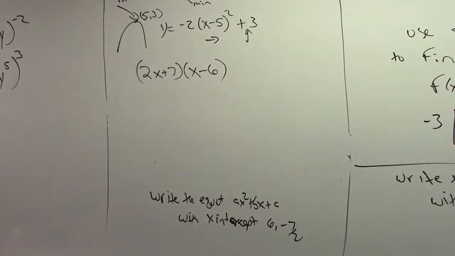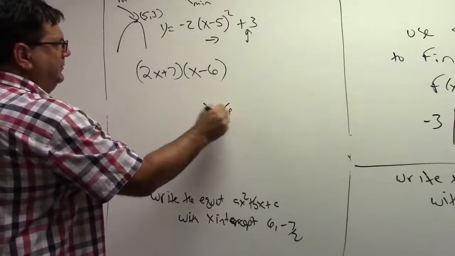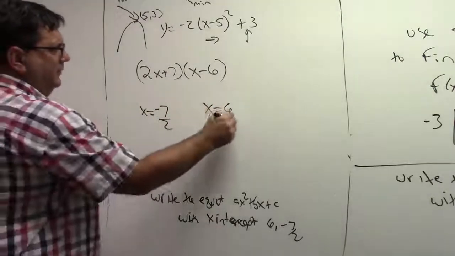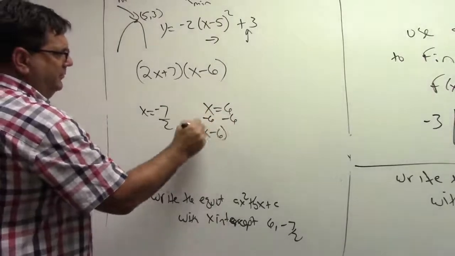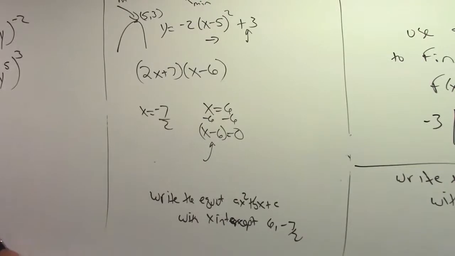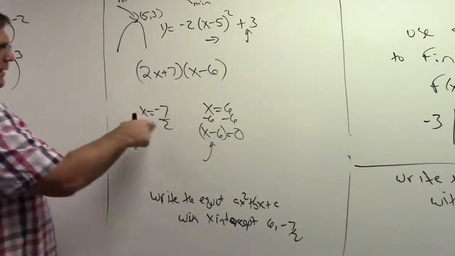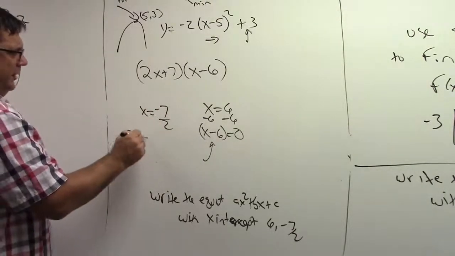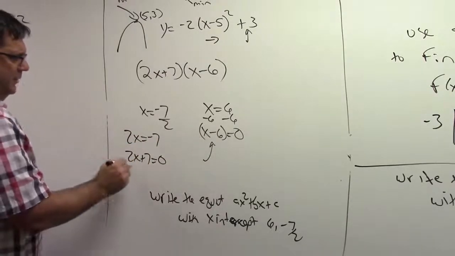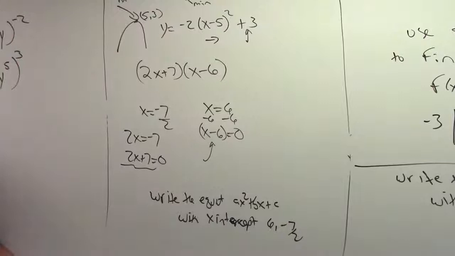You're working your way backwards off of the x-intercepts. Remember, if the x-intercepts are 6 and negative 7 halves, subtract 6, x minus 6 is equal to 0, this would have been a factor. If x equals negative 7 halves, then 2x was equal to negative 7, and 2x plus 7 would have been equal to 0. This would have been a factor.